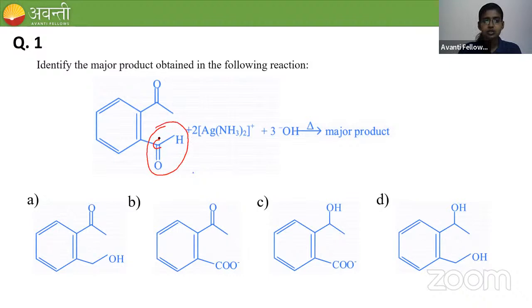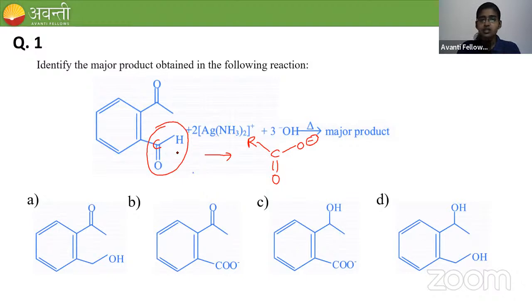So CHO will be converted to COO minus, right? That is the carboxylate ion part. So RCHO will be converted to RCOO minus ion. So this is the ketone and this is the aldehyde. So only aldehydes respond to Tollens test, since this is the ammoniacal silver nitrate solution which is being used as the Tollens reagent.